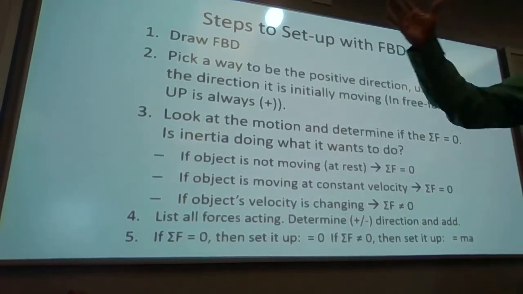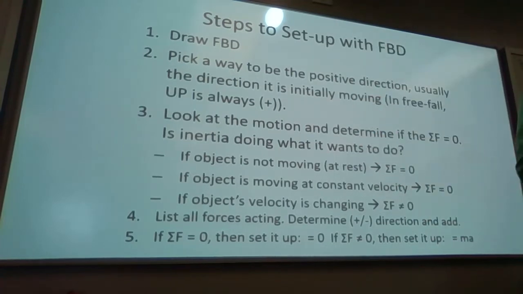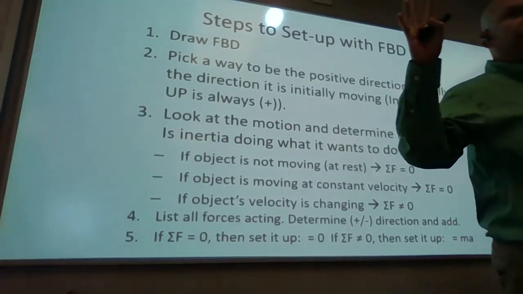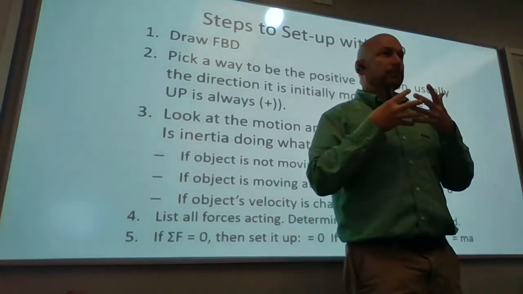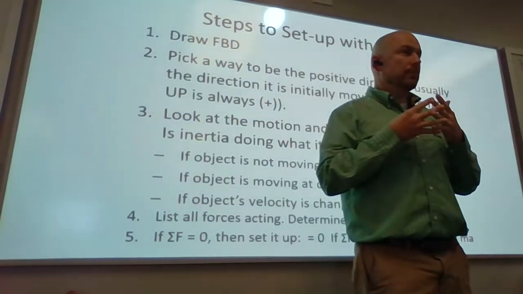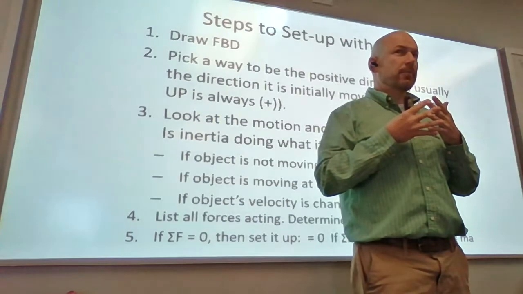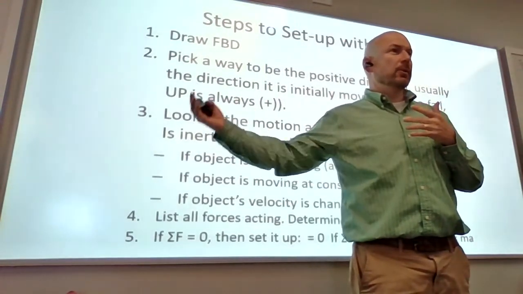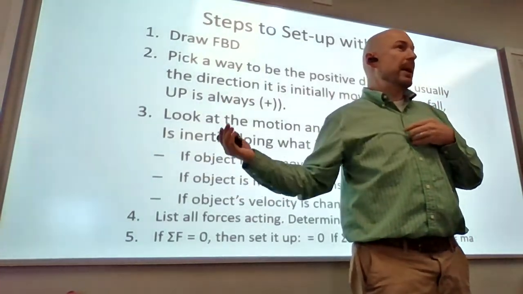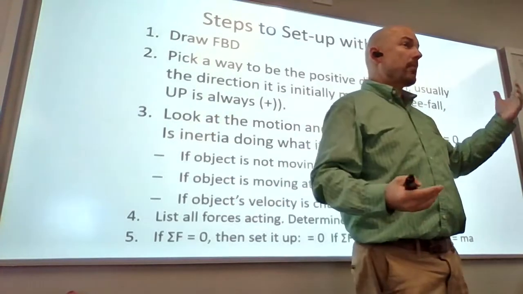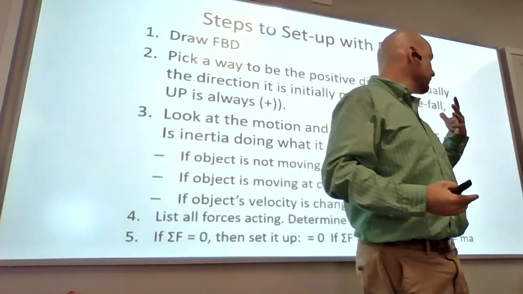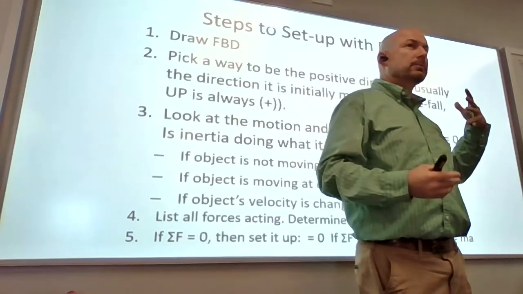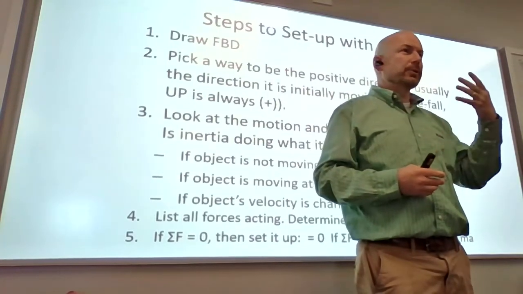You've got a free body diagram in this setup, and then you've got the motion, the variables, and which kinematic equation you're going to pick. Both of those interact with each other through acceleration. Does that make sense? Acceleration has to do with force: force is equal to mass times acceleration. And then in the kinematic equations, one of the variables is acceleration.